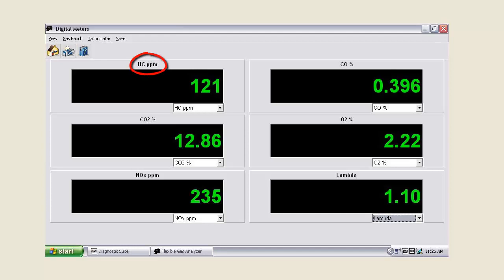At 2500 RPM, hydrocarbons are 121 parts per million, carbon monoxide is 0.396%, NOx is 235 parts per million, carbon dioxide is 12.86%, and oxygen is 2.22%. Lambda is used on this gas analyzer, and it's 1.1.